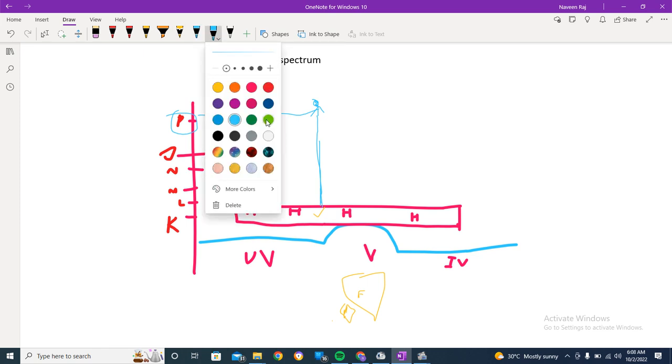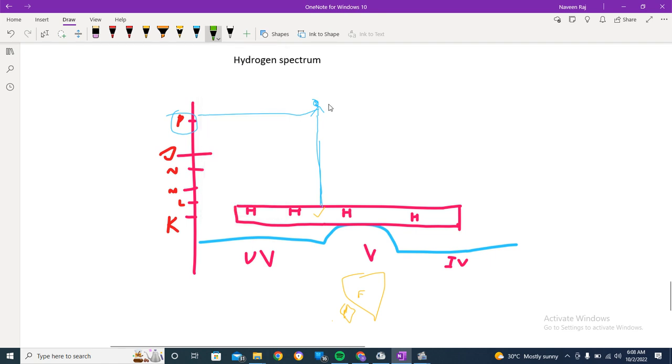Let me draw this one from here: it will go till this level and some energy will be released. Like this is energy, and the electron will take a gap on this level.